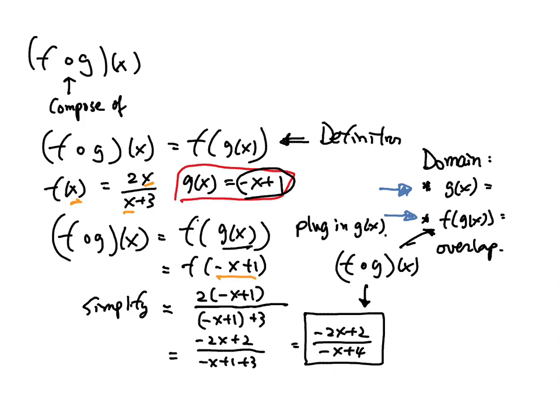So now g of x. What do you know about g of x? g of x is a linear function, so the domain is all real numbers. Now f of g of x, our final answer: the domain is everything except x cannot equal 4, because if you plug in 4, we get a 0 in the bottom.